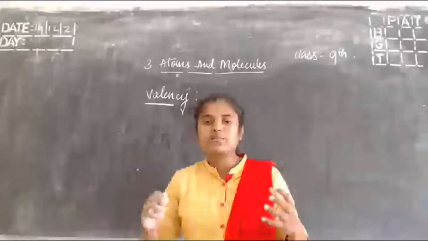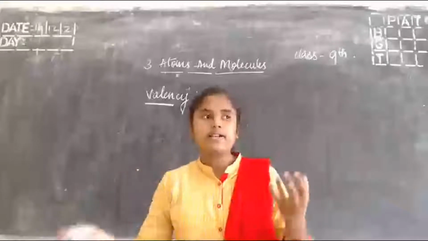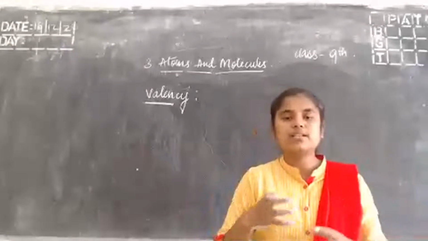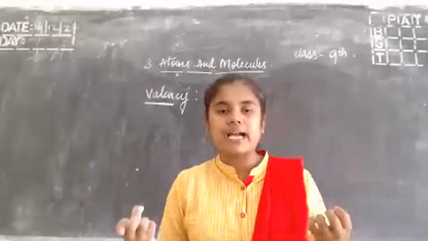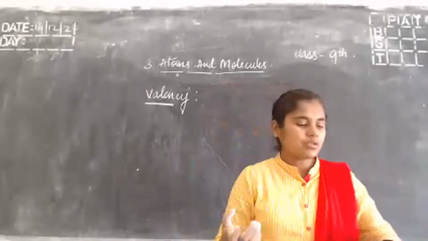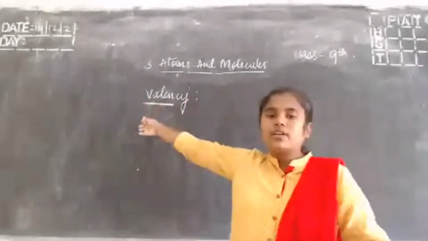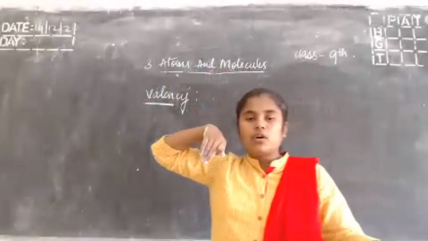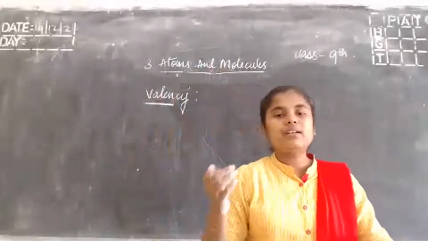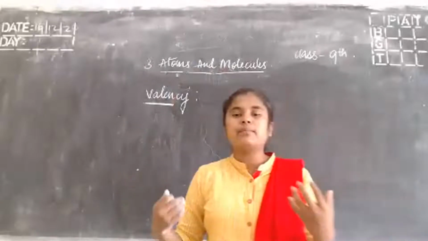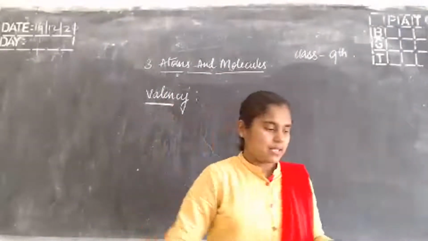How much two atoms try to react with each other and form a compound, that is called the valency. In simple words, it is the reactive capability of the element to react with the other element. So reacting ability is nothing but the valency.